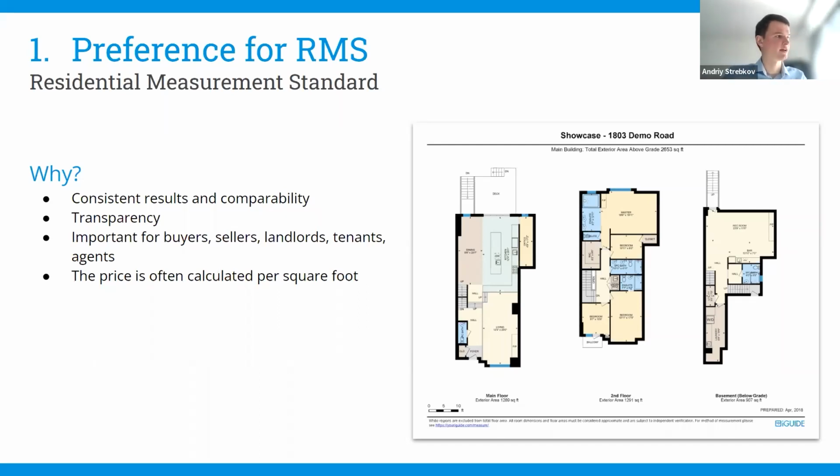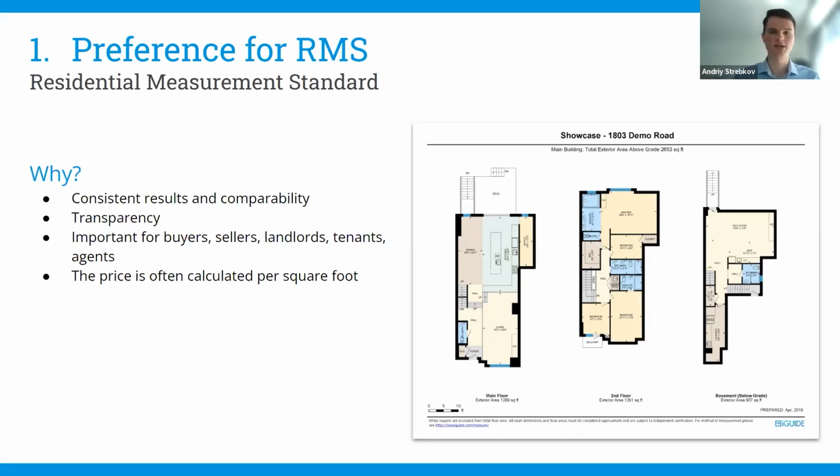Another point here is that you probably know that there are quite a lot of buyers or sellers, especially outside of North America, who sometimes calculate price per square foot. For example, they might calculate that properties in one market cost $900 per square foot, or in the other market it's 1,000 per square foot.